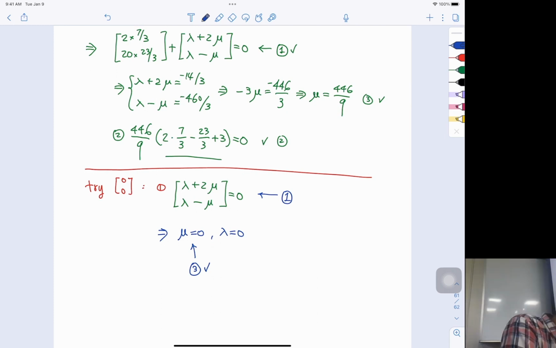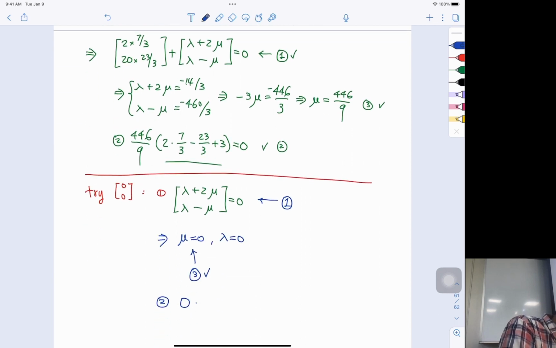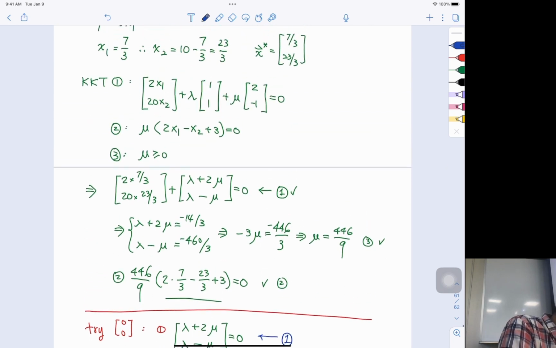But how about the second? Let's check the second. Actually, it works. How come? Why does it work?